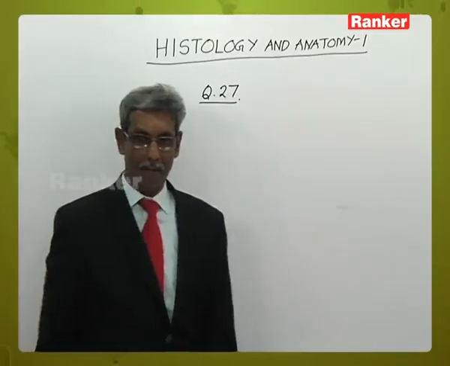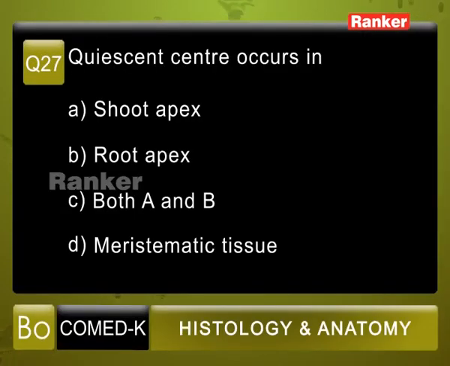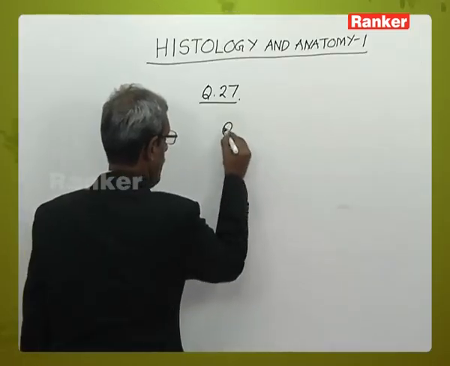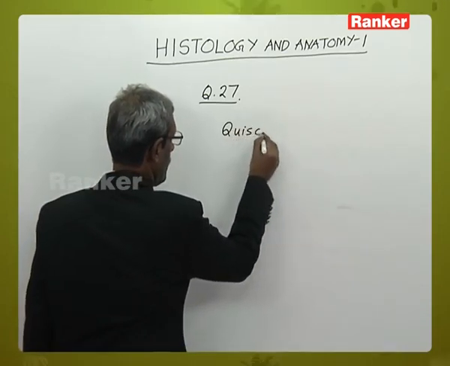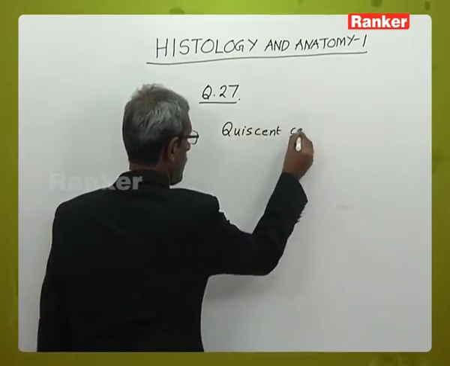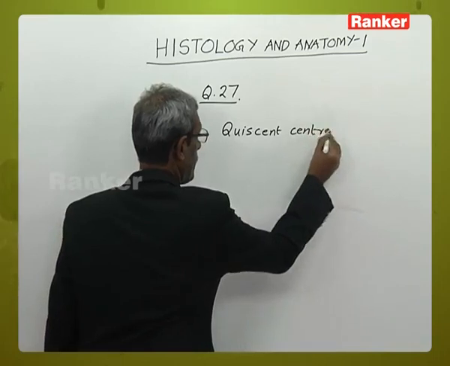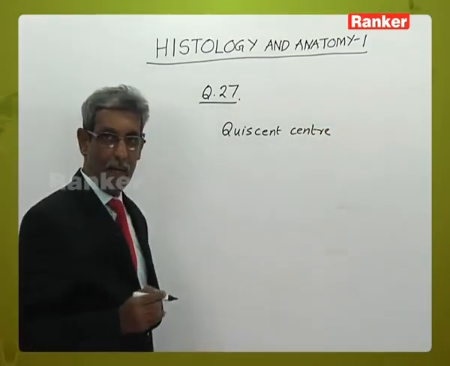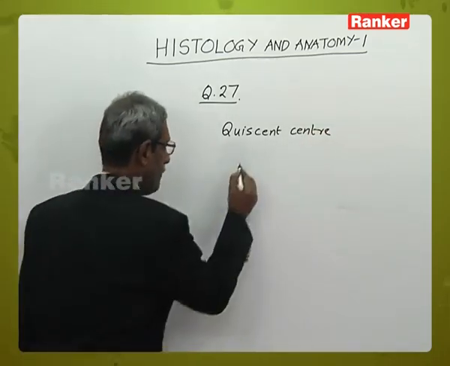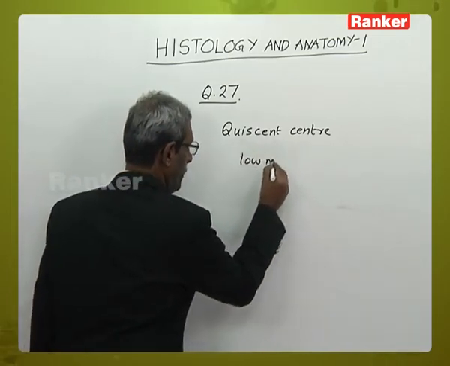Question number 27. Quiescence center occurs in A. shoot apex, B. root apex, C. both A and B, D. meristematic tissue. A quiescence center is a region of low metabolic activity.